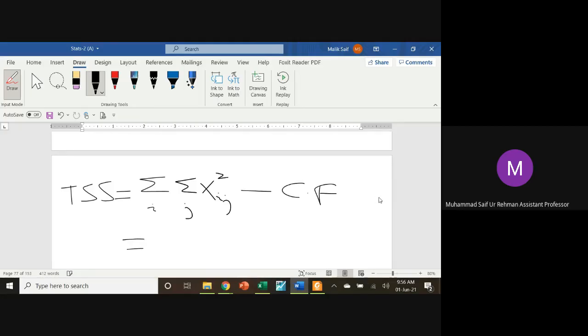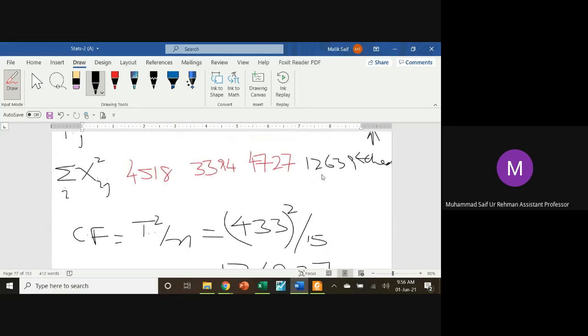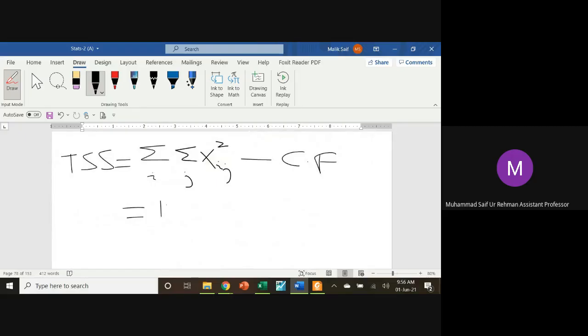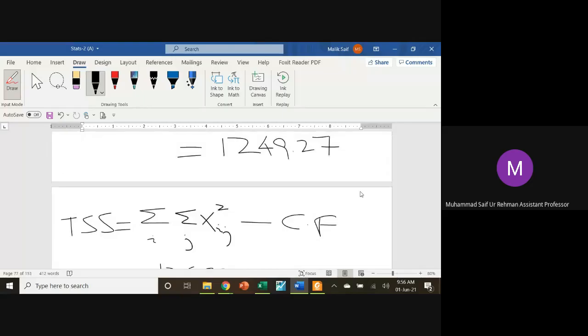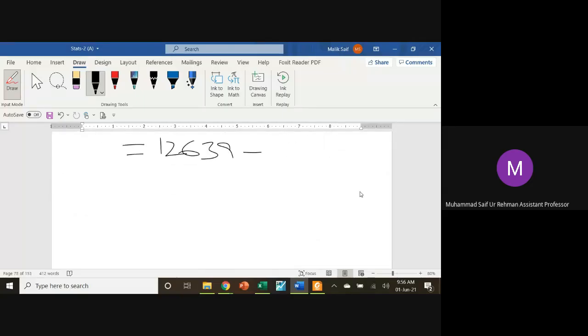So what was this value? This value was 12639, and the correction factor you have just found, 12499.27. This is the value. So see what is the answer.